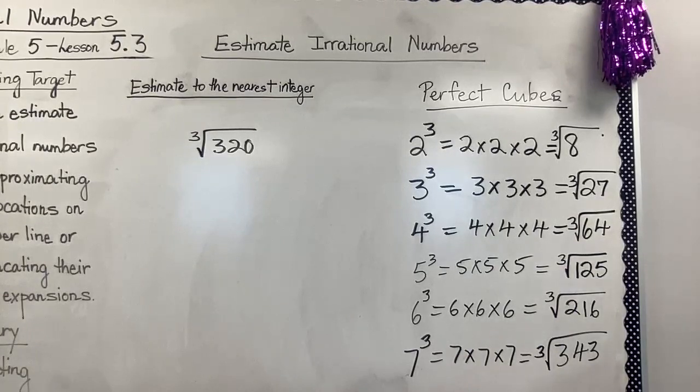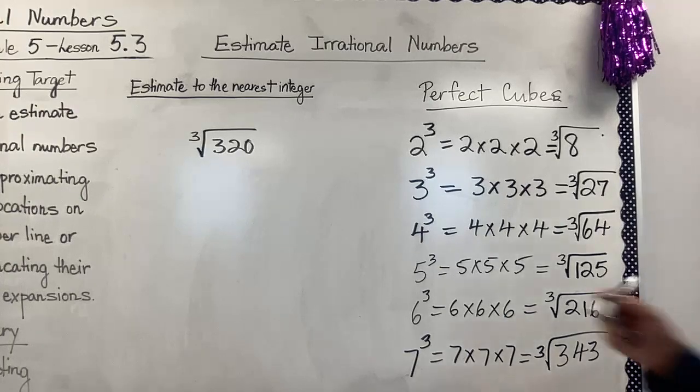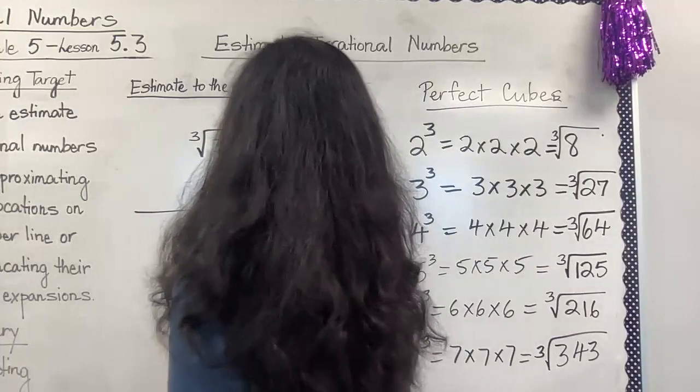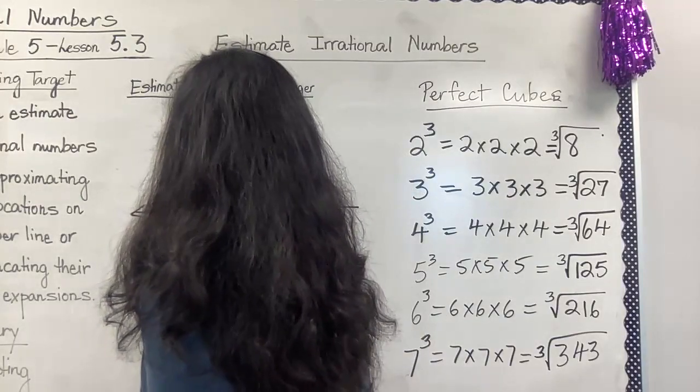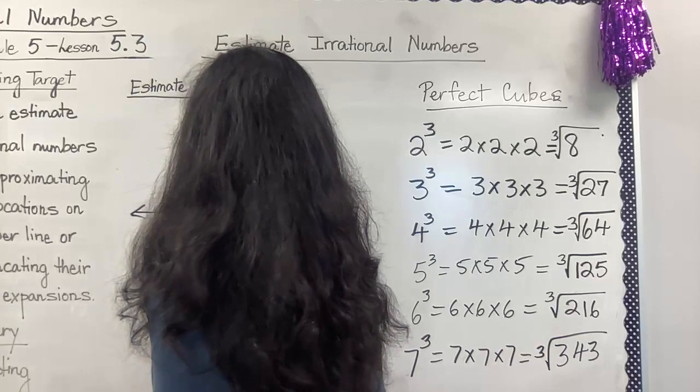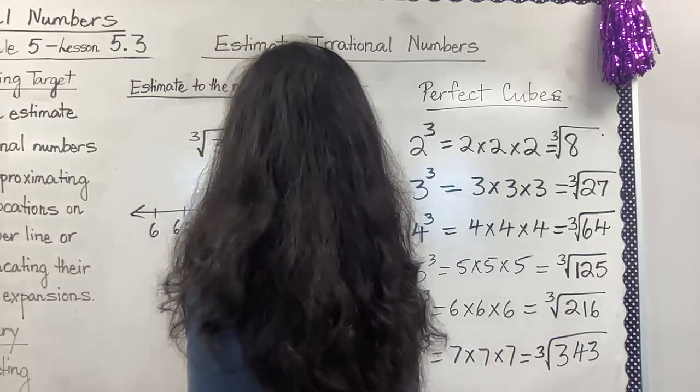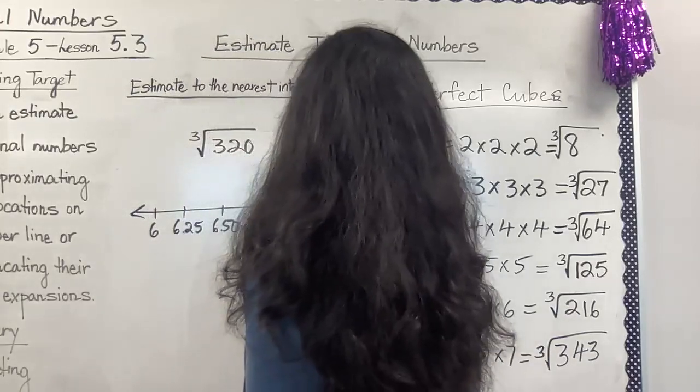So let's quickly plot this so that you can see what I'm talking about. I have 6, 6.25, 6.5, 6.75, and 7.